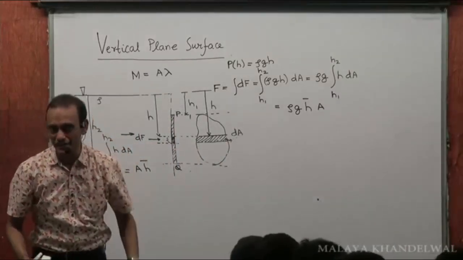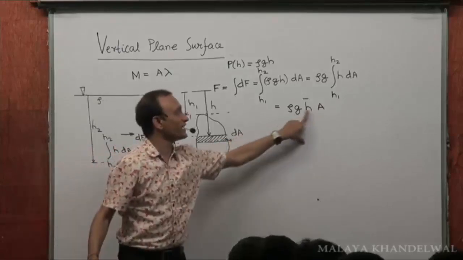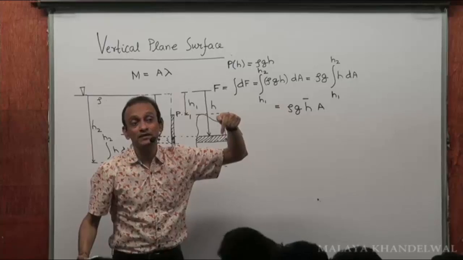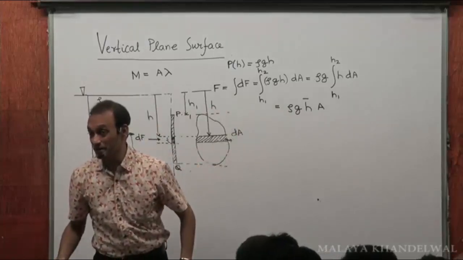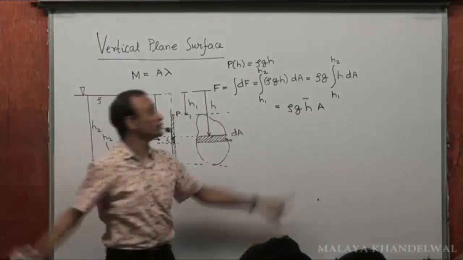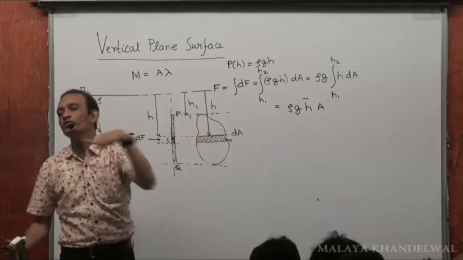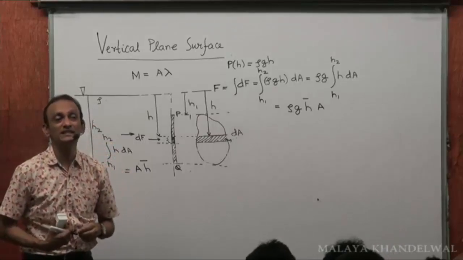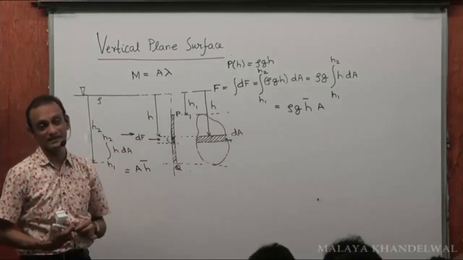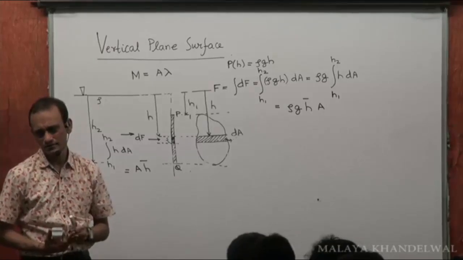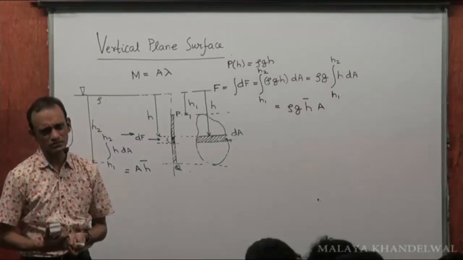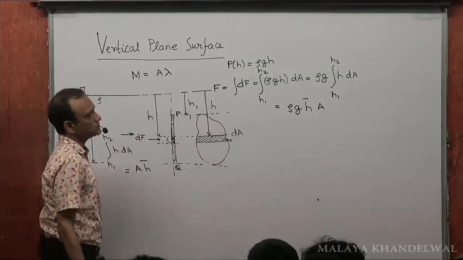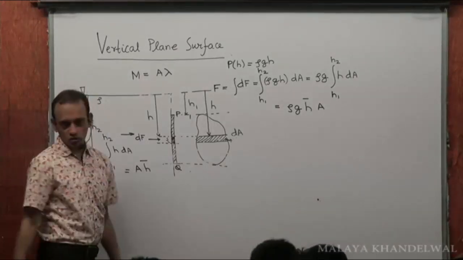Pressure at the center of gravity into the total area A would be the normal force acting on this submerged plane vertical surface. Yes or no? Are you finding it difficult to register? Not at all? So far so good.